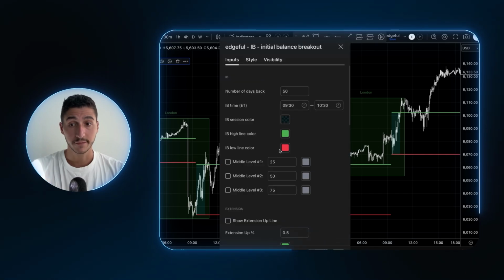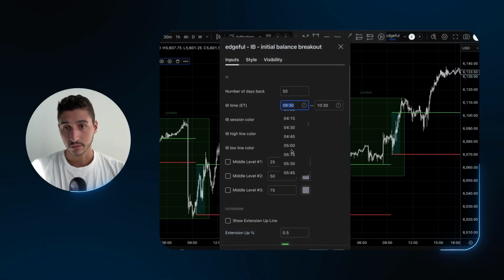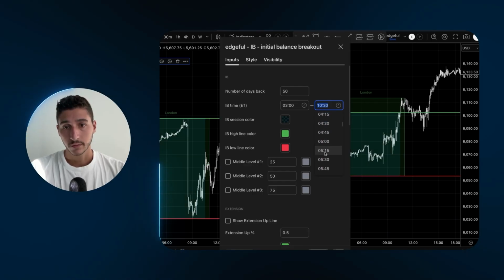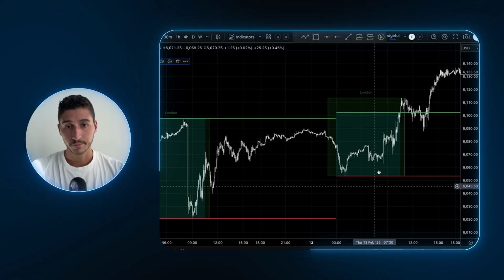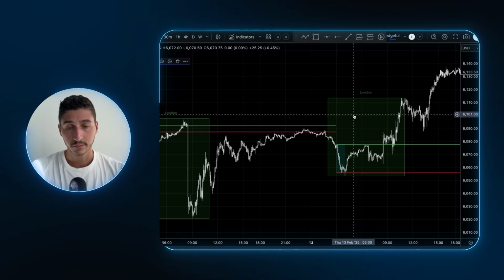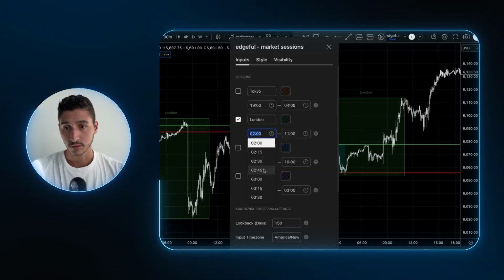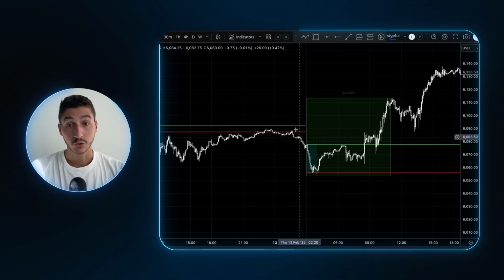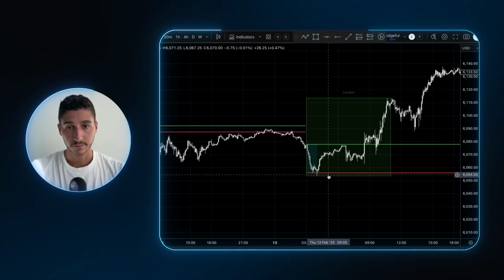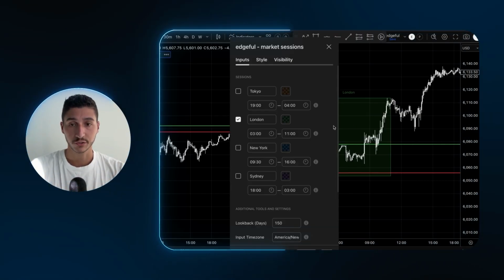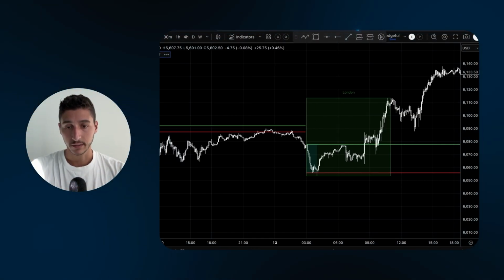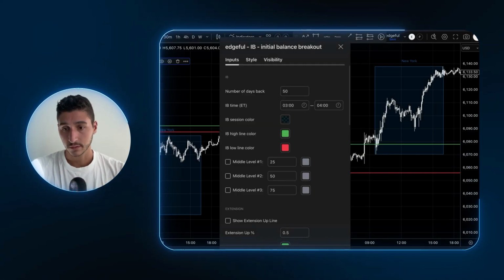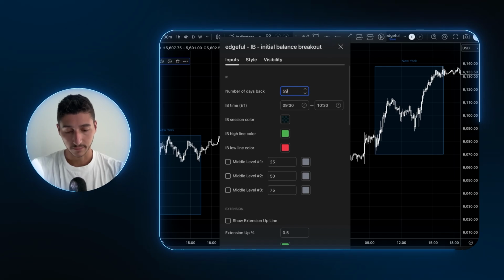And you also have to make sure you update your initial balance indicator to be from 3 to 4 a.m. So now this is your London initial balance right over here. So it's really, really important that you understand what sessions you're looking at. I'm going to put back on my New York session and I'm going to put back on my standard reset. Put this back 50 days.